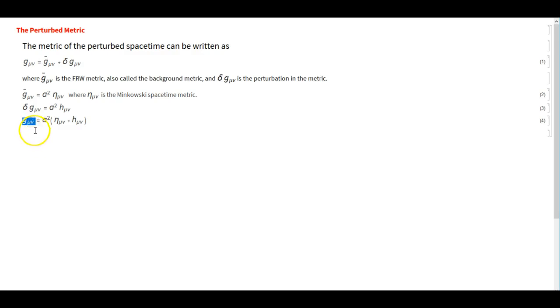Now we would like to see how this expression will change if we write g as a tensor of rank 20, that is g with mu nu on top. So this is what we want to find. What is this equal to?